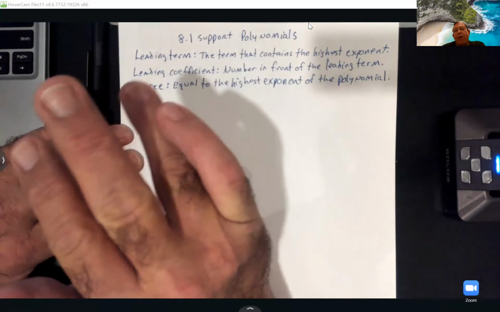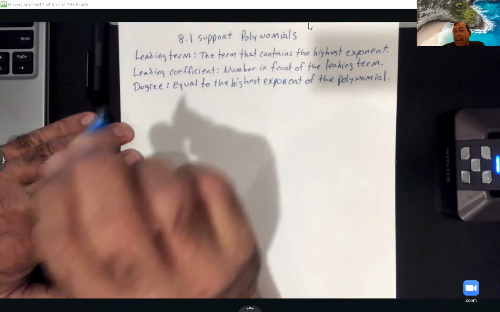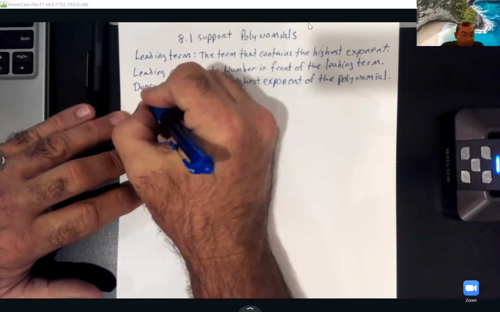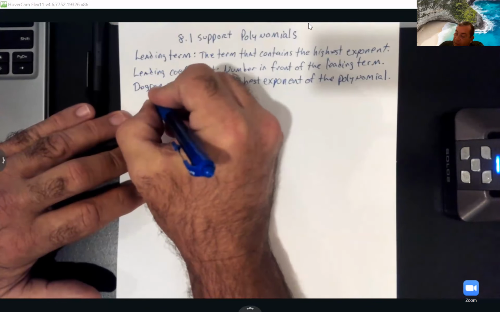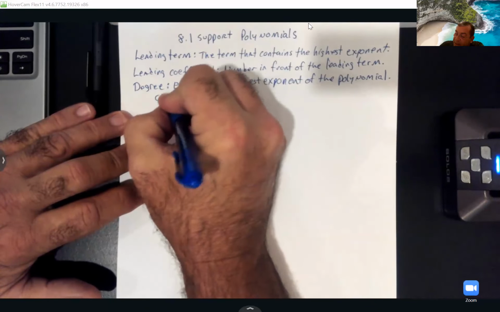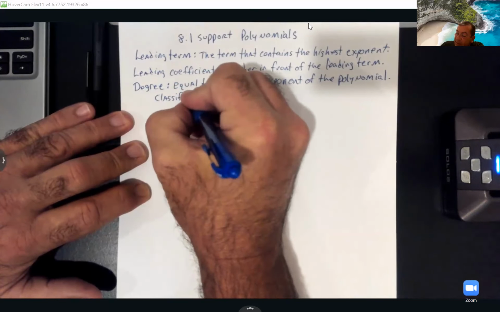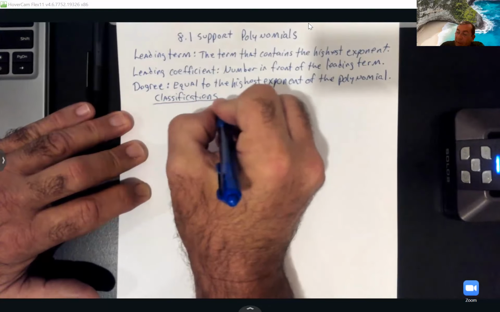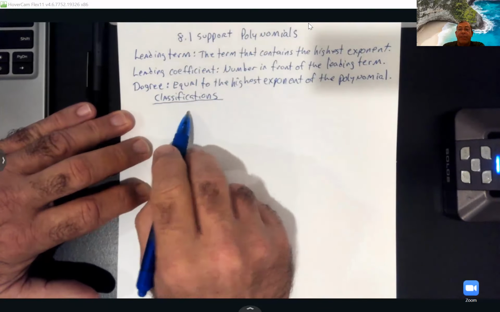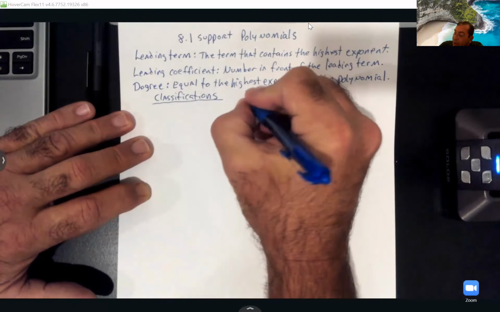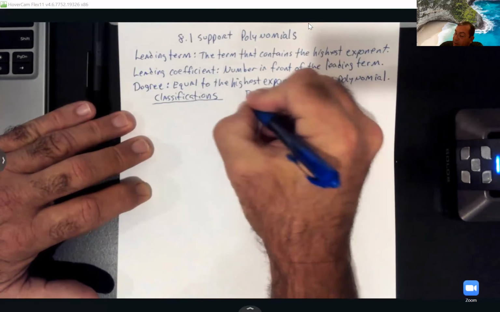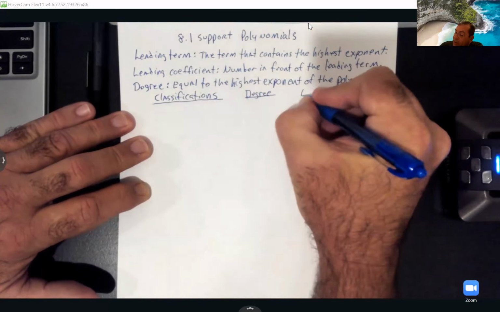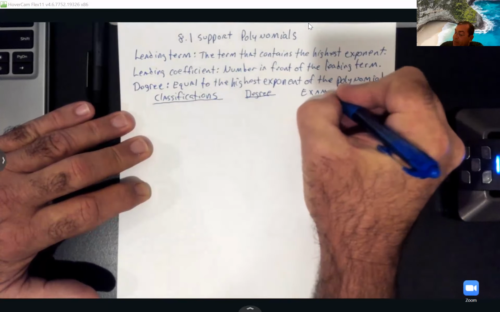Now we look at what we call the different classifications of polynomials. So these will be the classifications. I'll look at the different classifications, we'll look at what their degree is, and then I'll do an example of each.